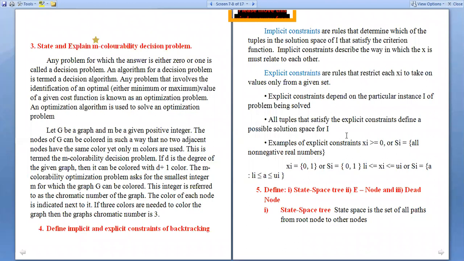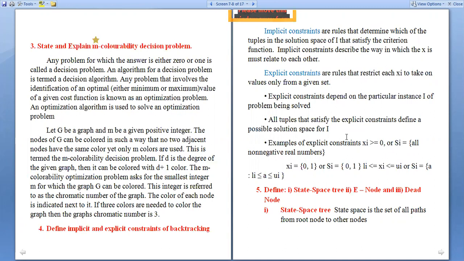Suppose xi is equal to 0 or 1, or si equals 0 comma 1. Or li less than or equal to xi less than or equal to ui, or si equals a, where a is between li and ui.